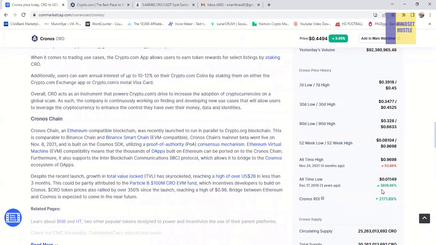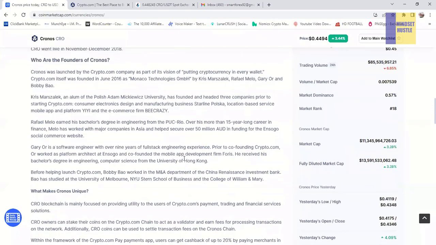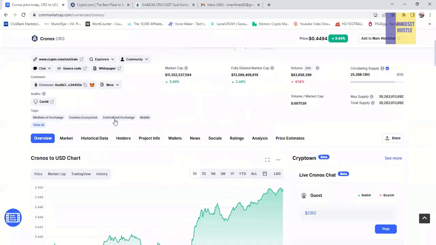And its all-time low was approximately 0.01. So if you take this particular pair, it has done a total of 3,809% since its launch. That is how you determine all these things.